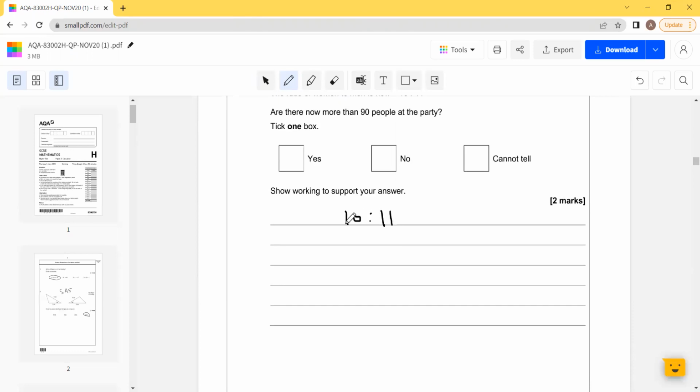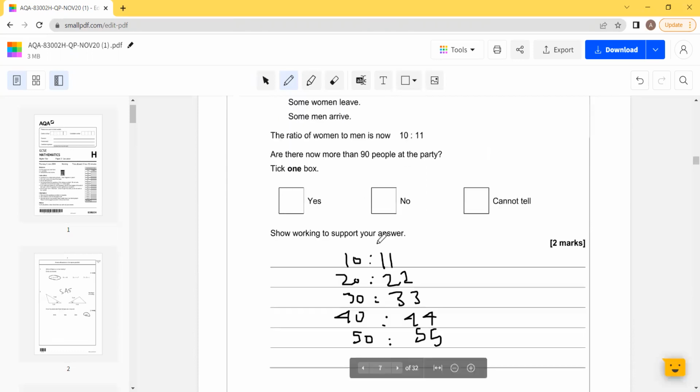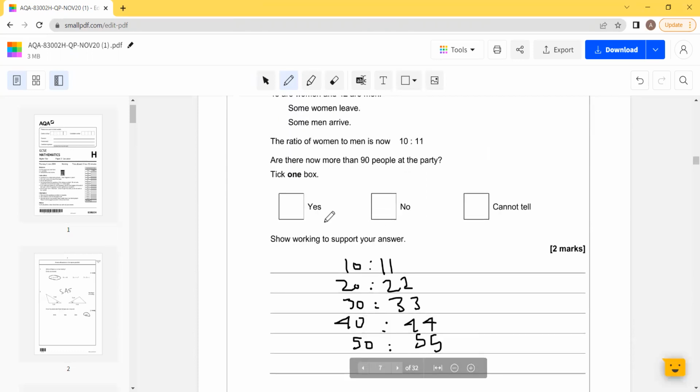So if we keep extending these by multiplying, we can have 20:22, 30:33, then 40:44, and 50:55. So 10:11 is the initial ratio.